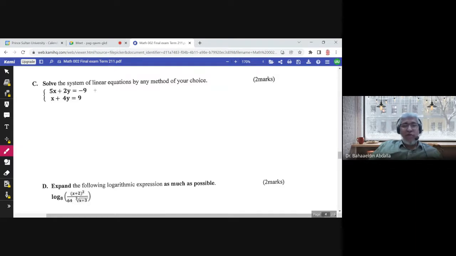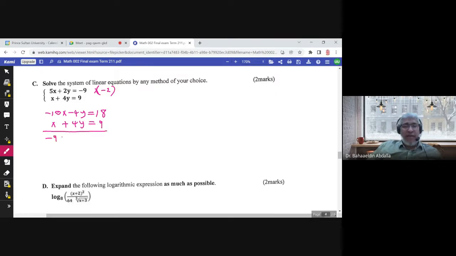I'll choose to multiply the first equation by negative 2. So I'll have negative 10x minus 4y equals 18, and this is x plus 4y equals 9. This is the elimination method.